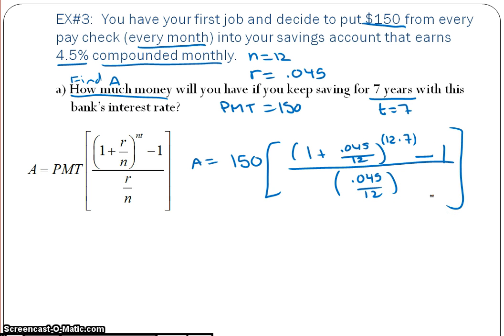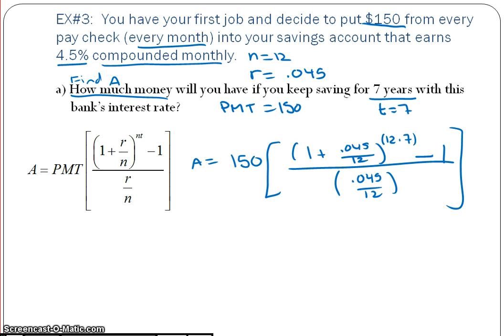So we're going to put this all into the calculator. The way you need to do it, follow along: 0.045 divided by 12 plus 1, press enter, raise it to the power with parentheses 12 times 7, close parentheses, press enter, subtract 1, and then divide it by, with parentheses, 0.045 divided by 12, press enter, then multiply it by 150.